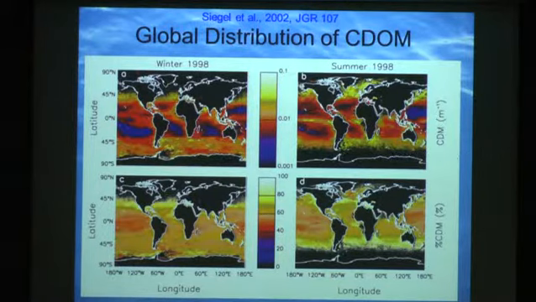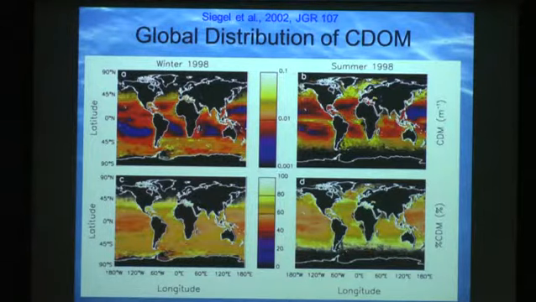And the top one, this is winter and this is summer, and this is the CDOM concentration in an absorption coefficient per meter. And the thing to notice here is that the blue areas are the oligotrophic areas where the material is all bleached out. So it's warm surface water with thick mixed layers. And you see that moving towards the poles in either direction, you get much higher concentrations.